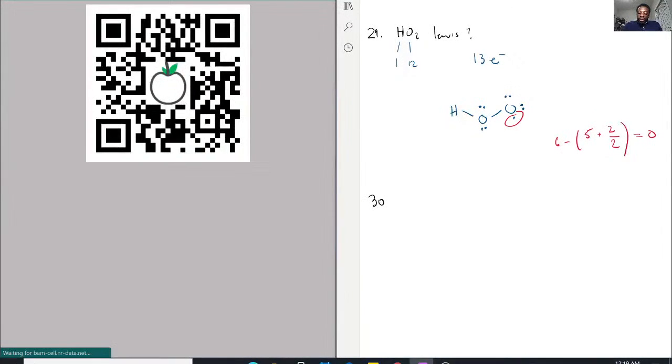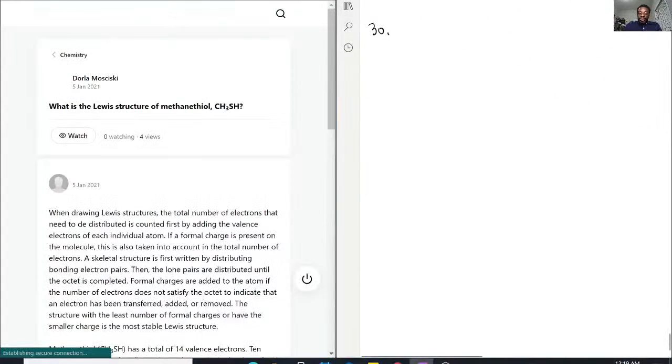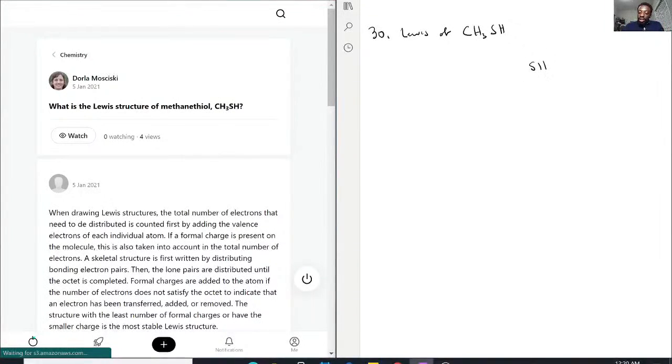So now for question number 30, our last question for tonight, we have the Lewis structure of methanethiol, CH3SH. Luckily for me, I am quite familiar with what a thiol is. A thiol is just an SH group.